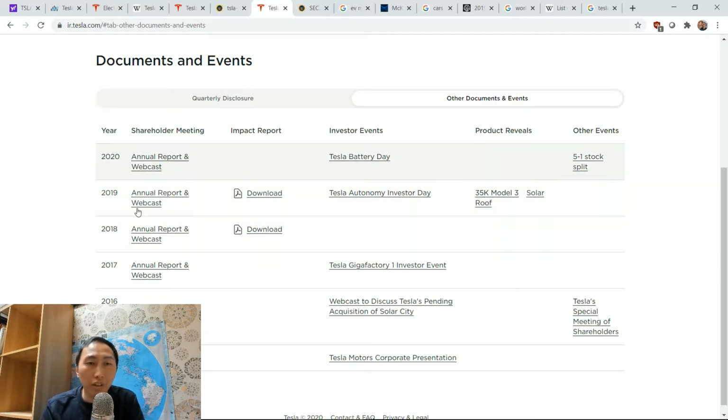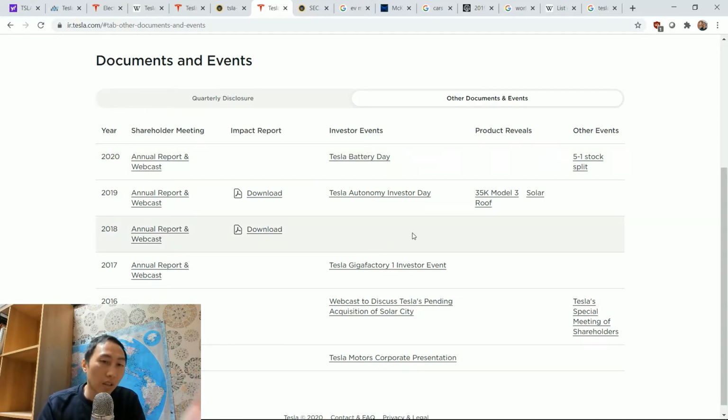So this is a very, very good summary by the company, just to put out everything in such an easy way to view that you can actually see what's available. So we've got shareholder meeting reports and impact reports if you're particularly concerned about Tesla's impact on the environment. And then we have investor events where it shows you big leaps for this company going forward. Usually they have one.